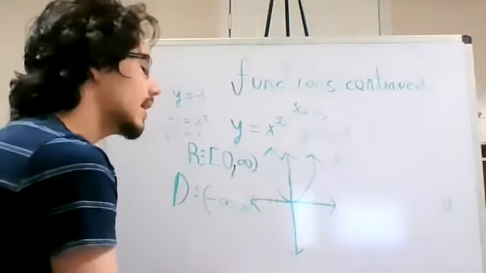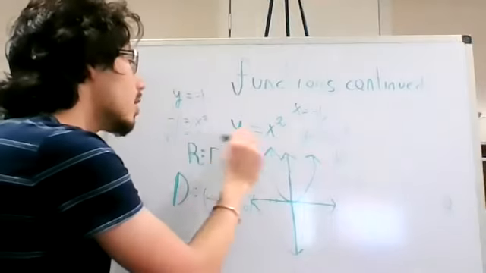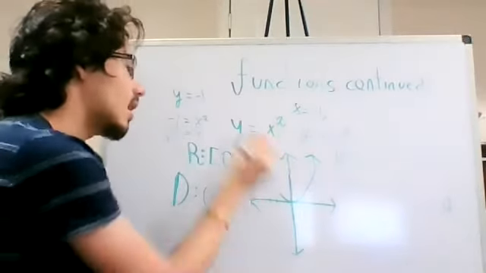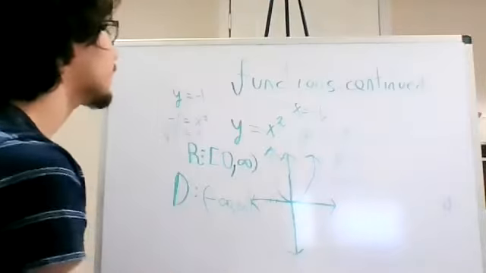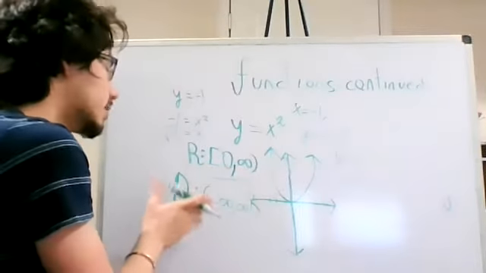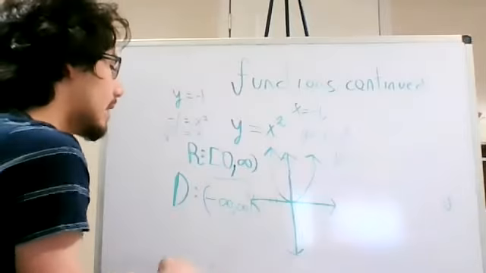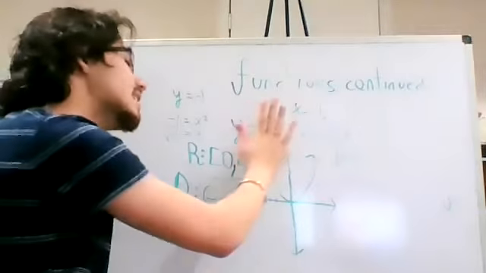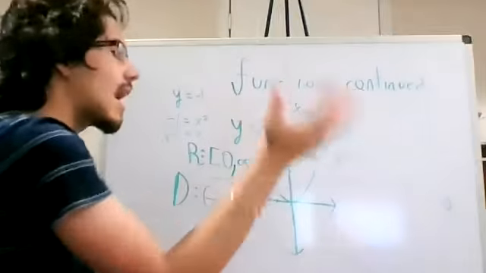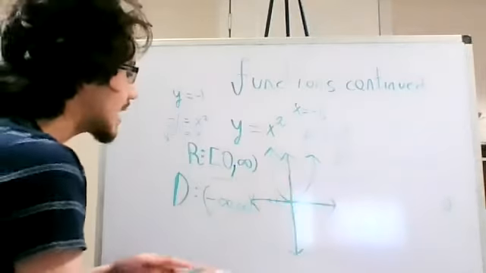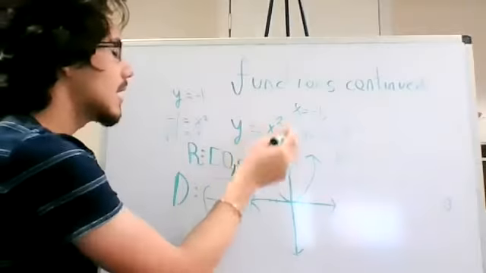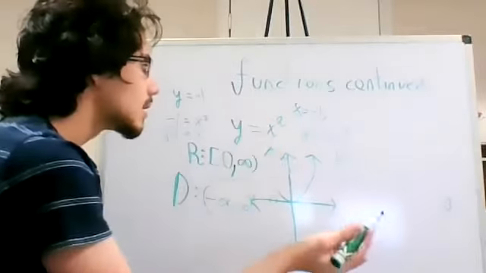The reason why is because there's no reason why we can't put any x value in to get a y value. However, range is different. Because the domain says that this is all the things you can put into the function, the range is saying all the things that you can get out of the function. So I can put in anything I want into this function because there's nothing saying I can't.